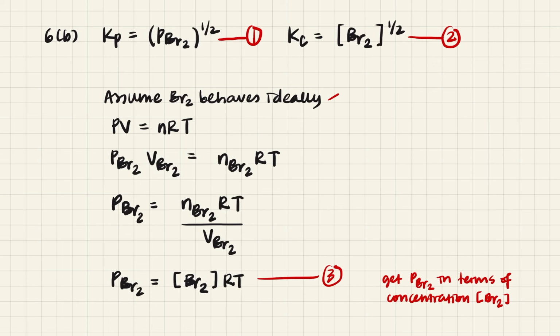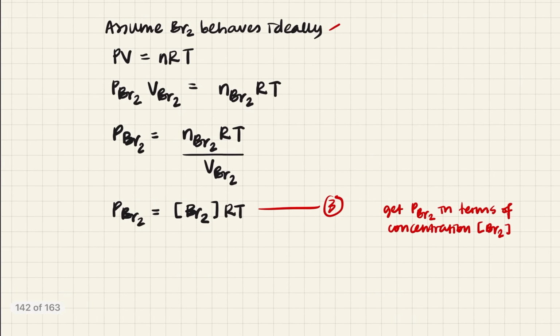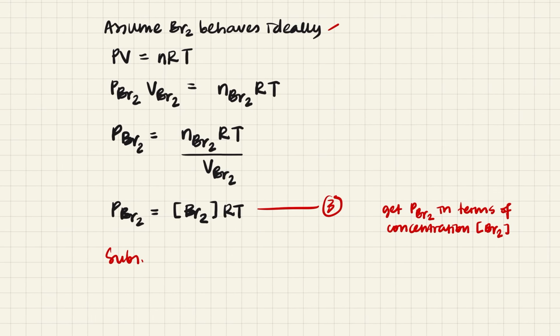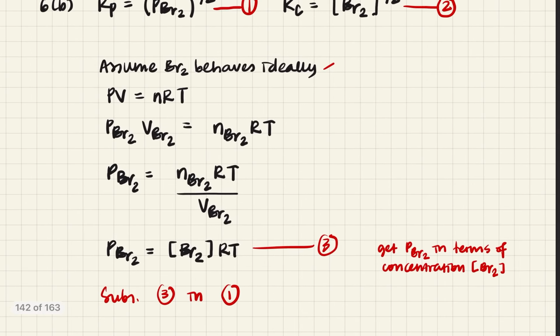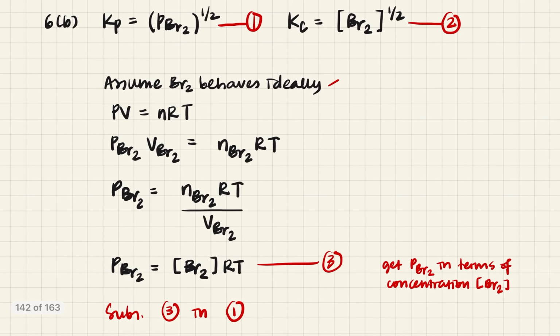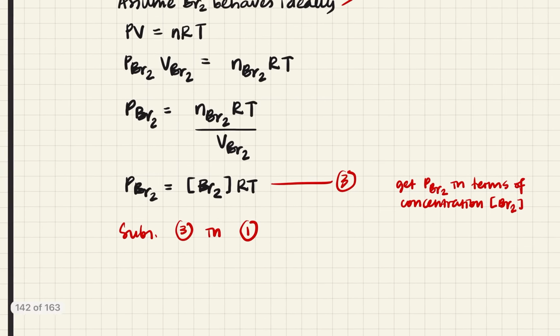Okay, next what you're going to do is substitute equation 3 into 1. Okay, so you are going to put in PBr2 into this expression. Okay, so what will you get?